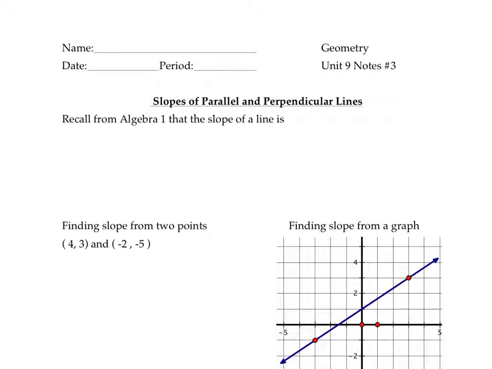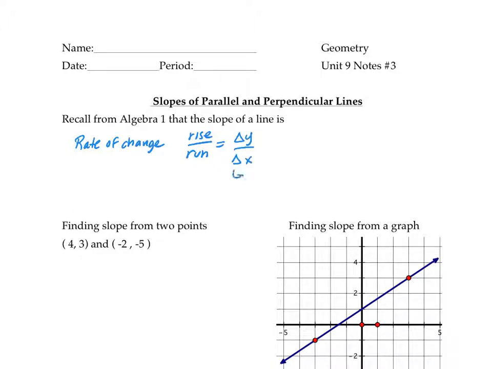So if you recall, slope is often referred to as a rate of change, or rise over run, or even delta y divided by delta x.